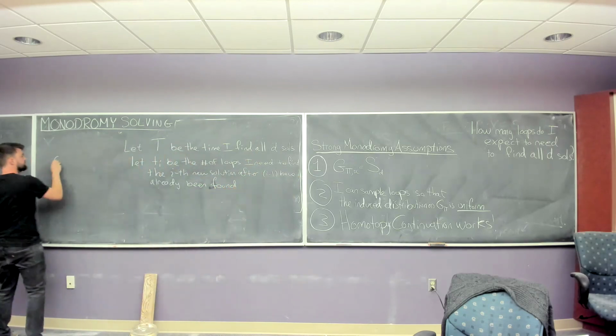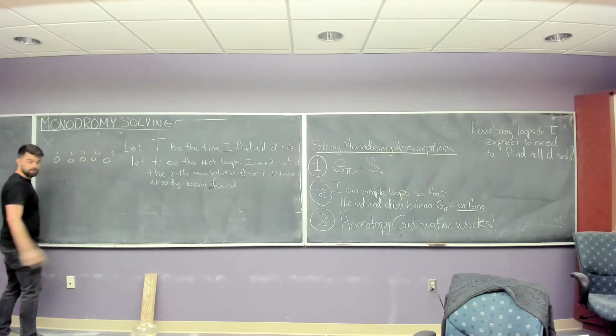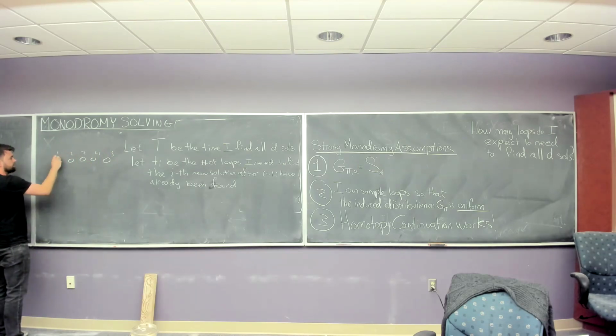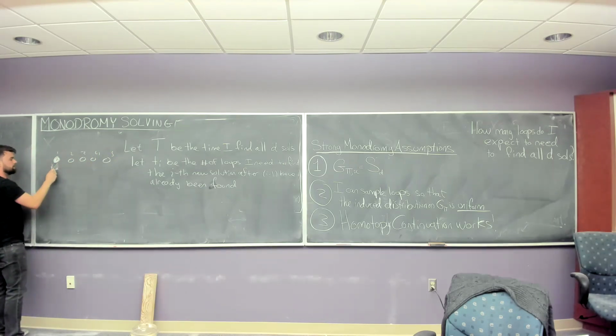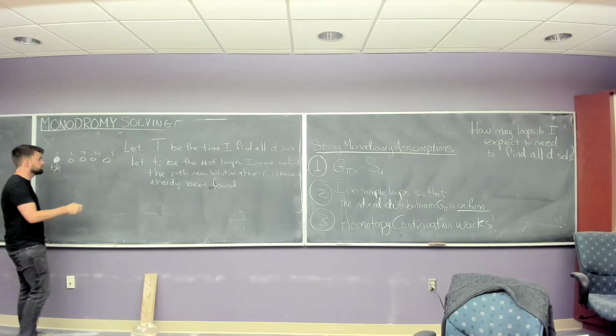For example, let's say I have 1, 2, 3, 4, 5, and let's say I get this one for free. So T1 equals 1. I only needed one thing to get my first solution.